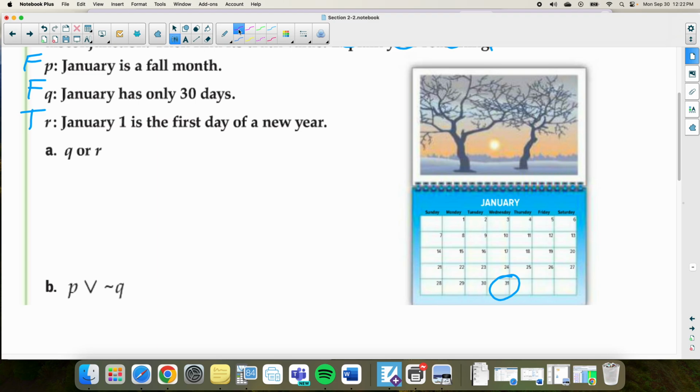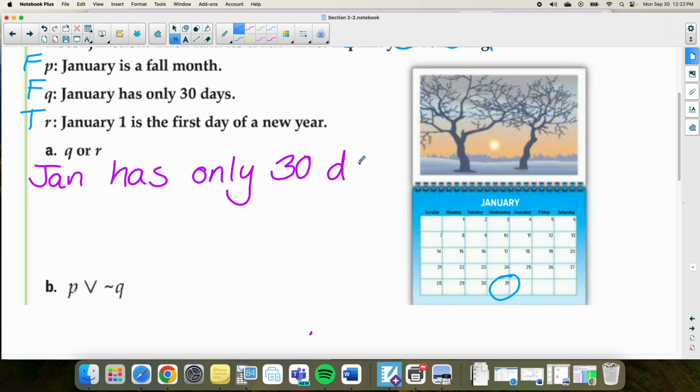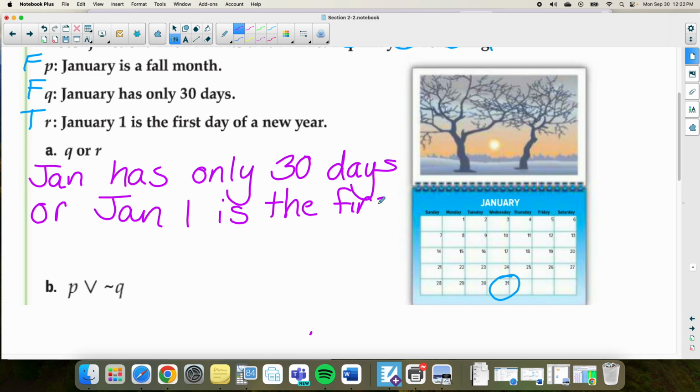Okay? So now what I'm going to do is take Q and write it, then put or, and then write R. So Q is January, and feel free to go Jan for January, has only 30 days. Or, and then R is January 1 is the first day of a new year.